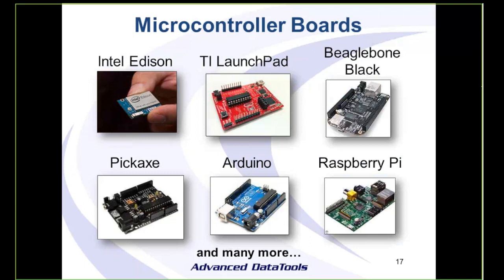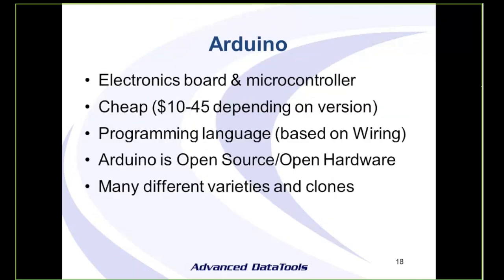What I chose to use was an Arduino, which is a simple board, costs between $10 and $45, depending on the version. There's small ones, big ones, different features. They're programmable, and it's a language based on Wiring. And it's open source and open hardware, which means that there's plenty of different varieties and different clones around there.